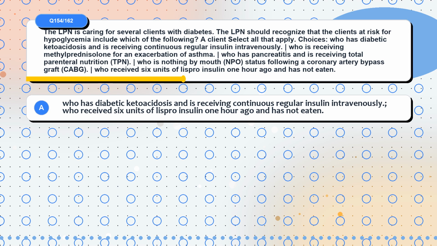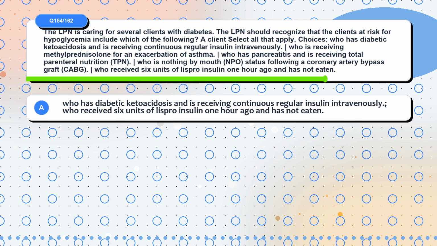Who is receiving methylprednisolone for an exacerbation of asthma. Who has pancreatitis and is receiving total parenteral nutrition, TPN. Who is nothing by mouth, NPO status, following a coronary artery bypass graft, CABG. Who received 6 units of Lispro insulin 1 hour ago and has not eaten.